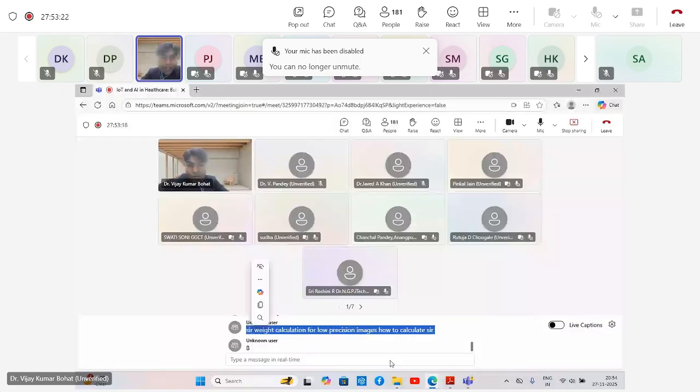Okay. So see, weight calculation means we have low resolution images. And for those low resolution images, you have corresponding high resolution images. How will the weights be calculated? We don't have any clue how the weights will be calculated. That's why we need nature-inspired algorithms. What these algorithms will do, initially they will have random weights of the low resolution images, low precision images in your words.